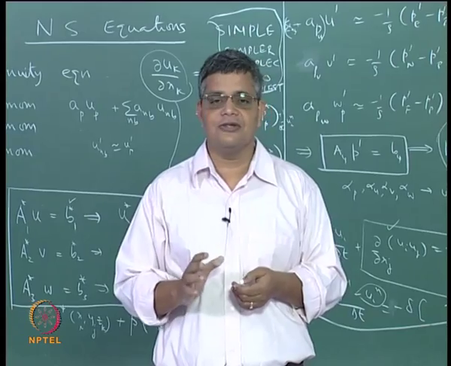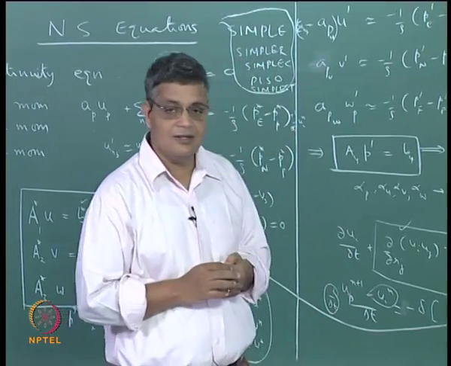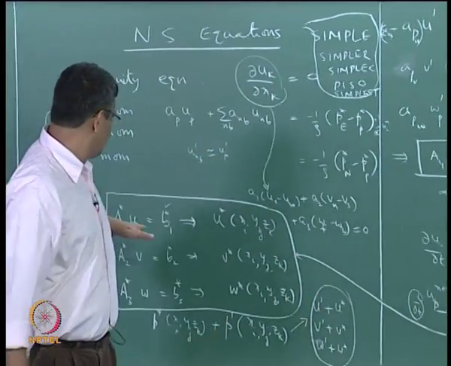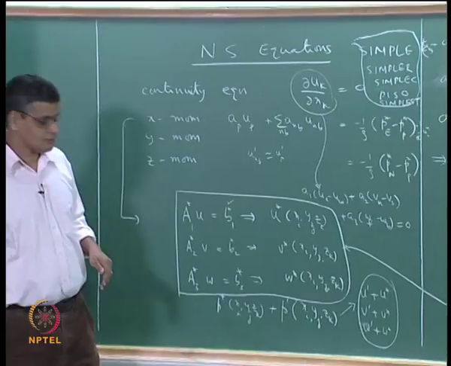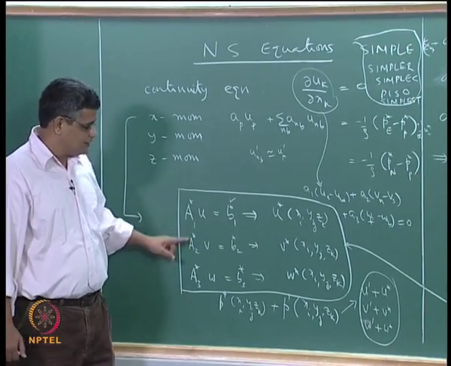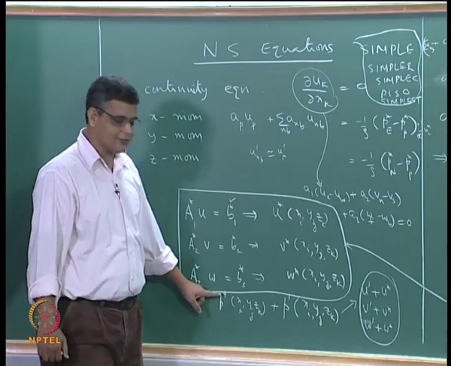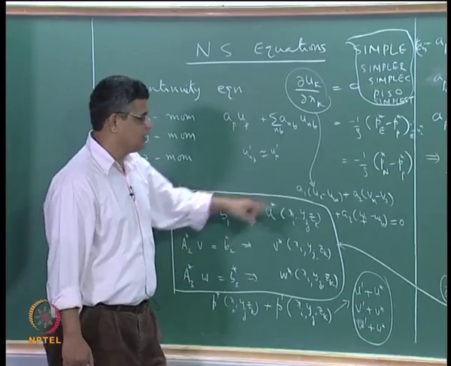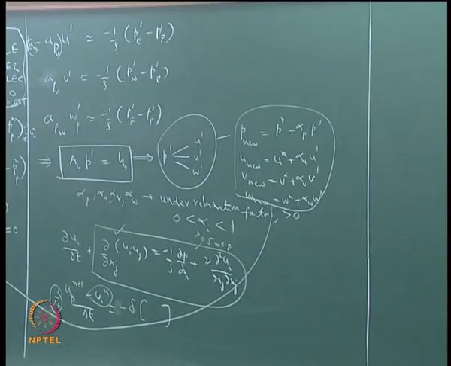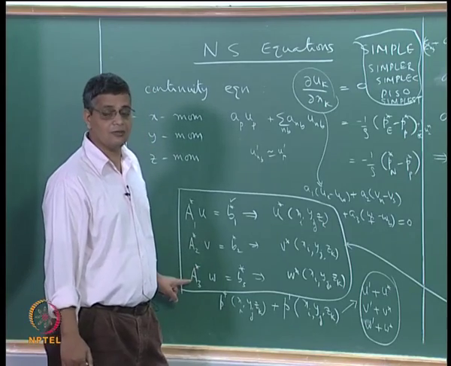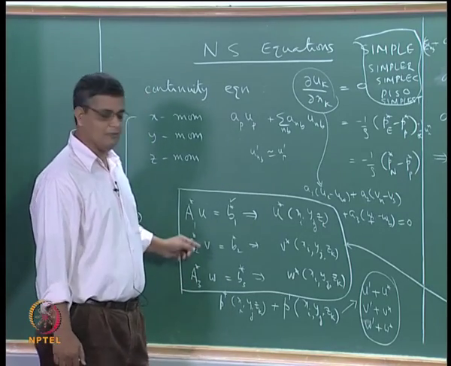But all that is not finished yet unless we have an efficient way of solving a matrix equation of this form. We need to have an efficient scheme, because in each step from going from star quantities to the new quantities, we have to solve 4 matrix equations, and we have to solve them many times, and each time with an updated A1, A2, A3. So we are not solving the same matrices all the time.